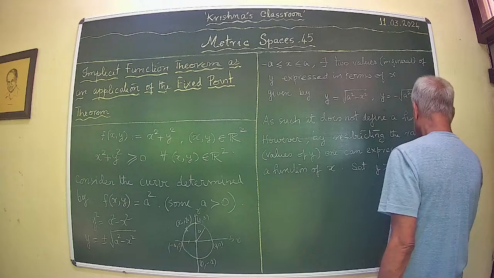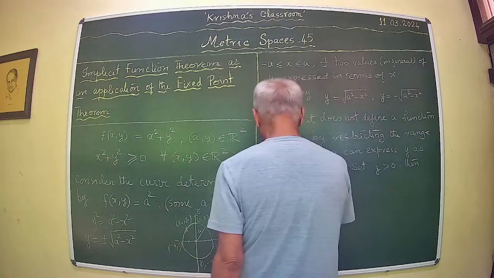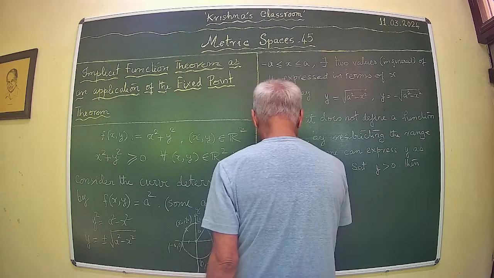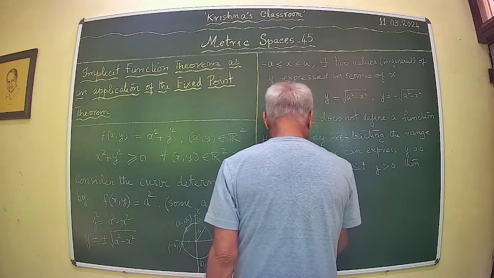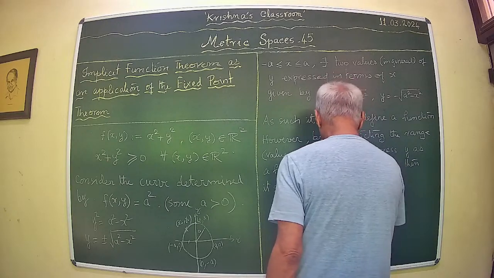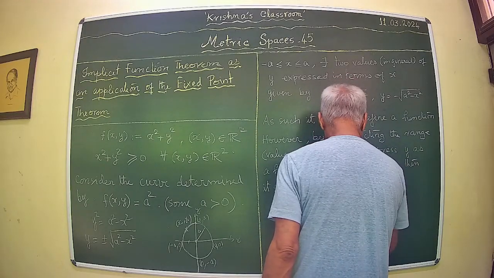Then it solves as y equal to plus square root of a square minus x square.